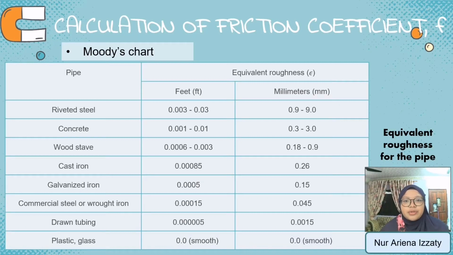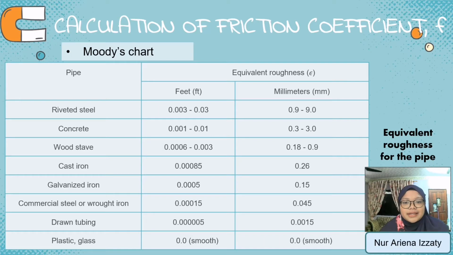Next is the calculation of the friction coefficient. The first method is by using Moody's chart. For turbulent pipe flow, the pipe friction coefficient depends on the equivalent pipe roughness and the Reynolds number.